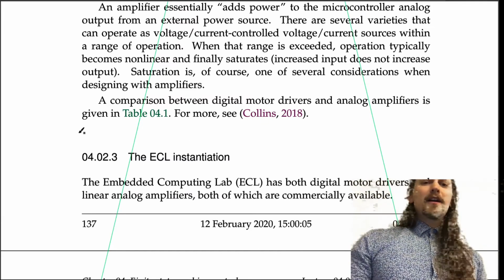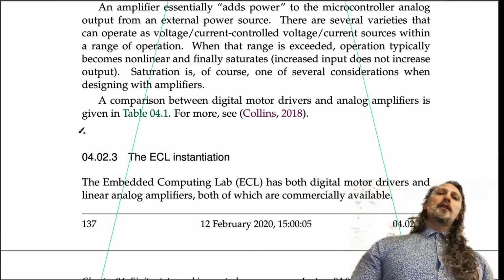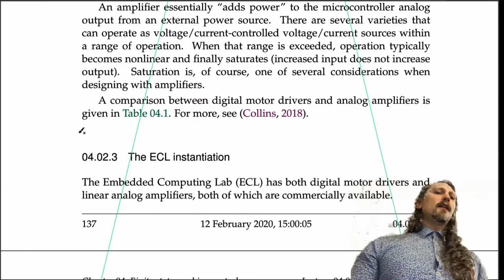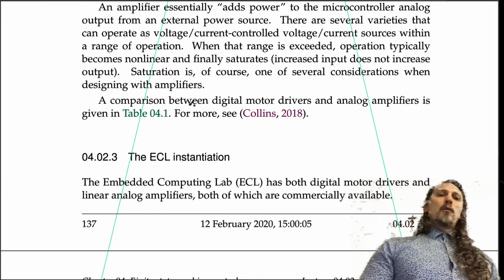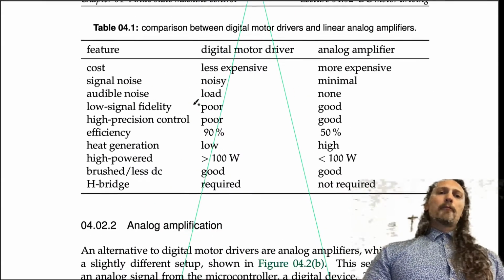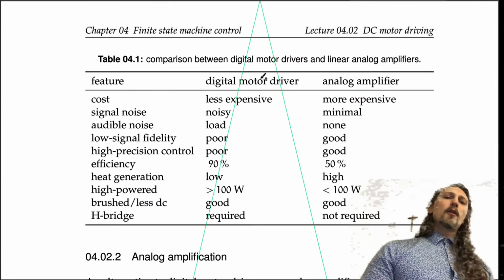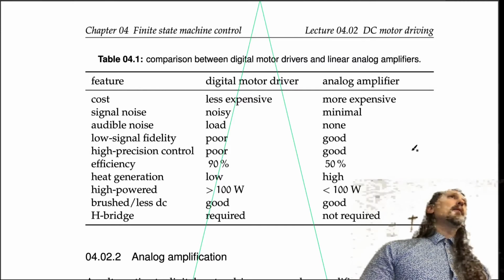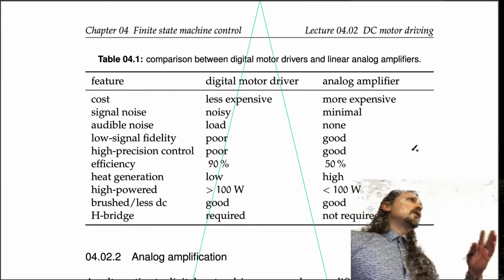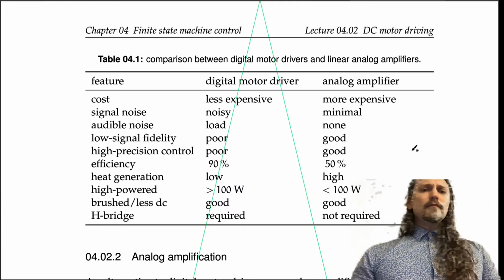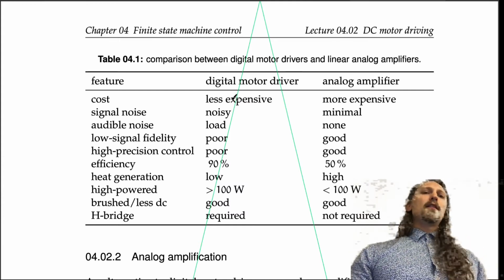A comparison between digital motor drivers and analog amplifiers is given in table 4.1. So we're going to compare the digital motor driver setup to the analog amplifier setup and talk about the considerations. First off, cost.